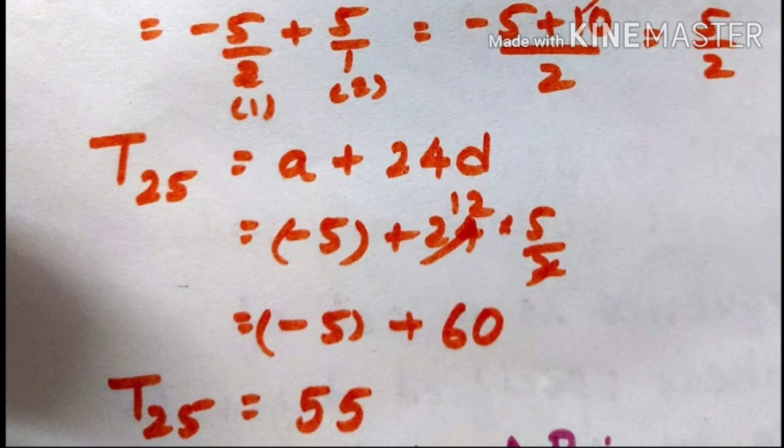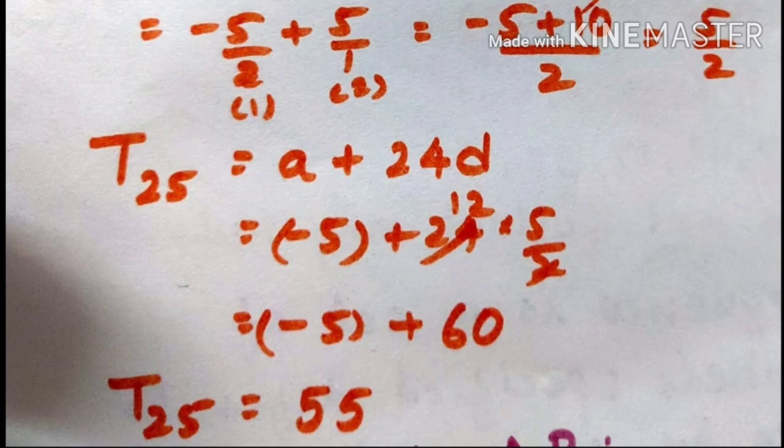Here they asked for the 25th term of the AP, and we found T25. This is the notation, or in another publication's textbook it may be a25 given for the notation of the 25th term. So either T25 or a25 you can write, and the 25th term is equal to 55.